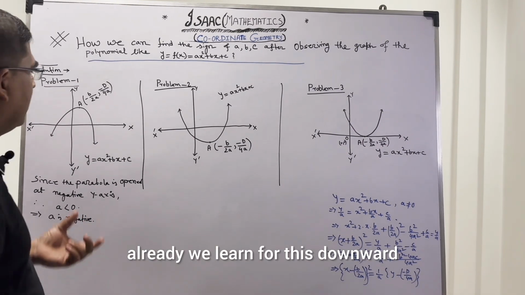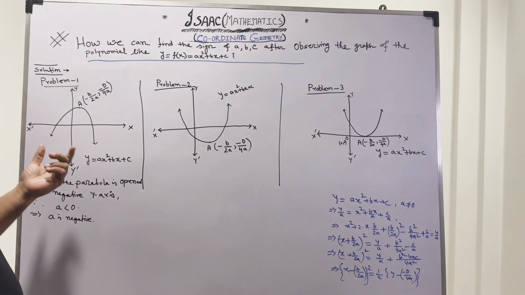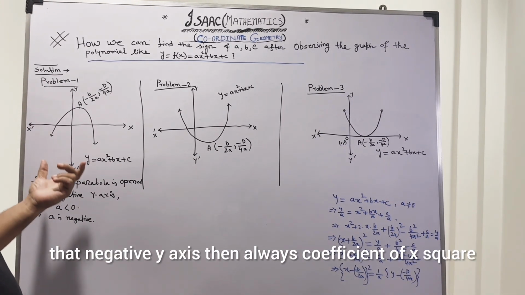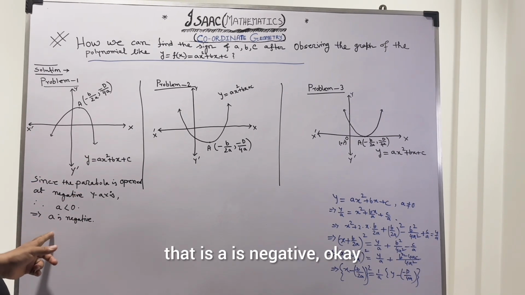We already learned that for this downward parabola, that is when the parabola is opened at negative y axis, then always the coefficient of x square, that is a, is negative. Okay.